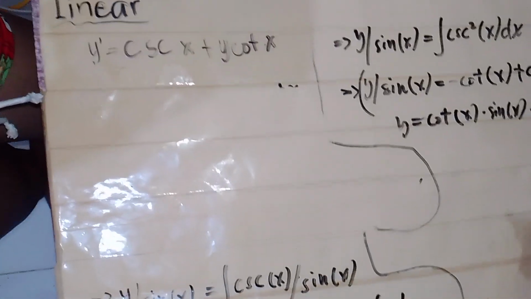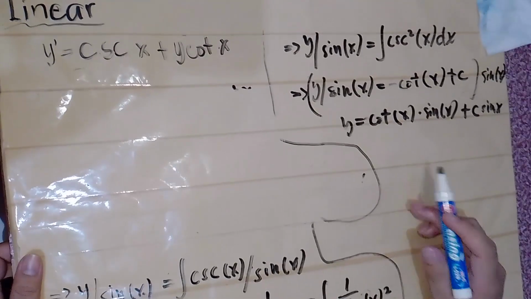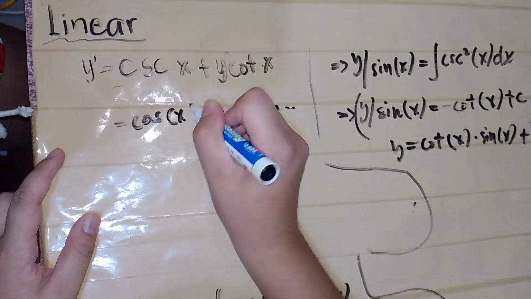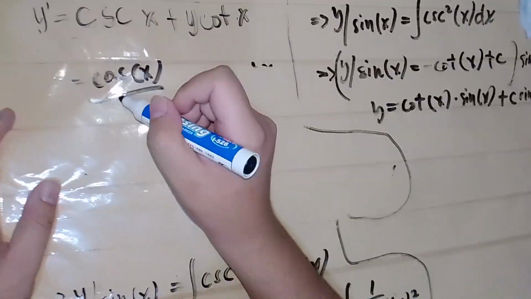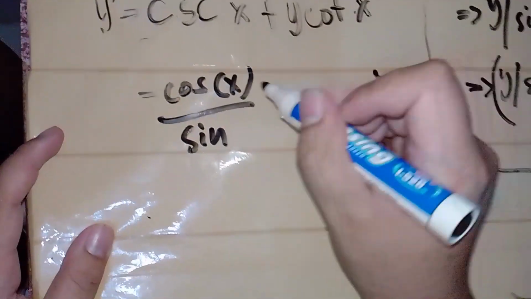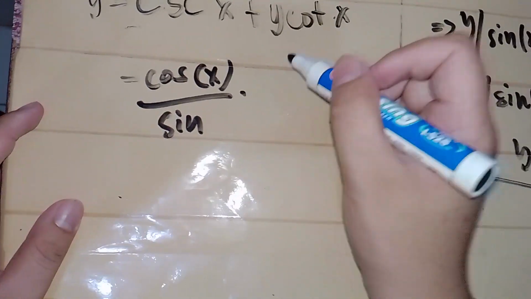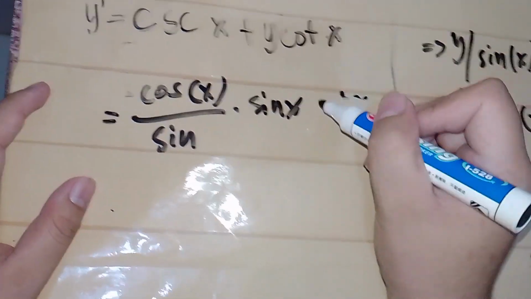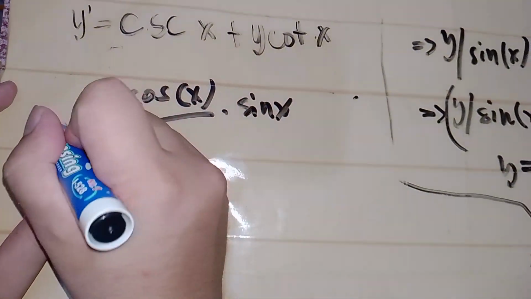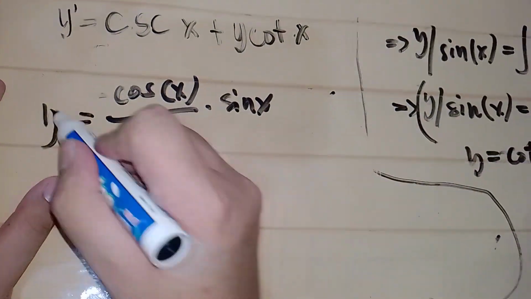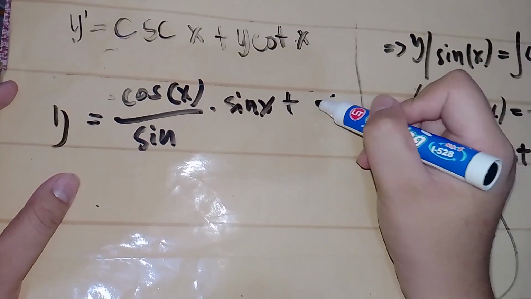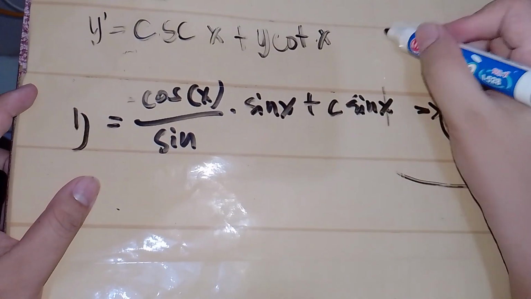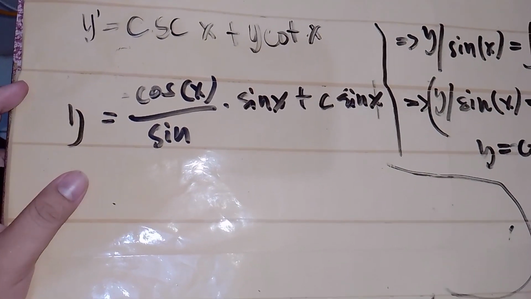So, the equivalent of negative cotangent of x is negative cosine x over sine x, times sine x. We have y equal to that plus c sine of x.